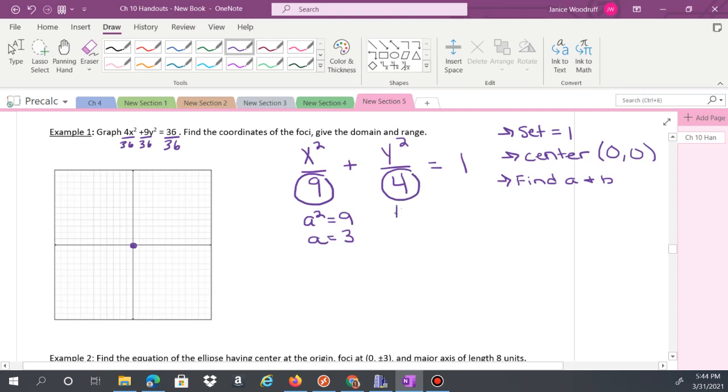B squared is going to be 4, which means B is 2. Okay, which means these are my axes. So is this a horizontal or a vertical? Horizontal, because of the x. Okay, so that means I'm going to go left 1, 2, 3, right 1, 2, 3, and then up and down 2.